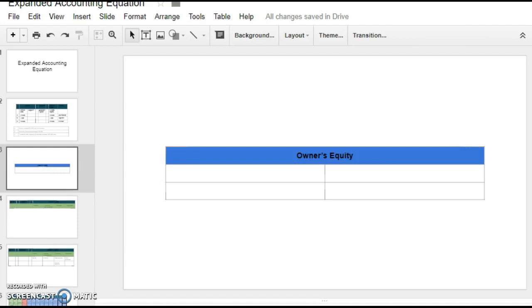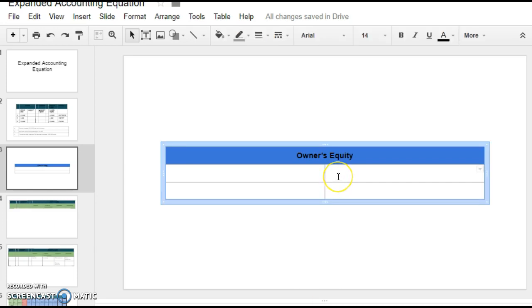So I want to just focus on the owner's equity part of the equation. There are basically four ways that we're going to affect owner's equity. Think of that capital account. We've only been affecting the capital. The capital is increased when the owner makes an investment.